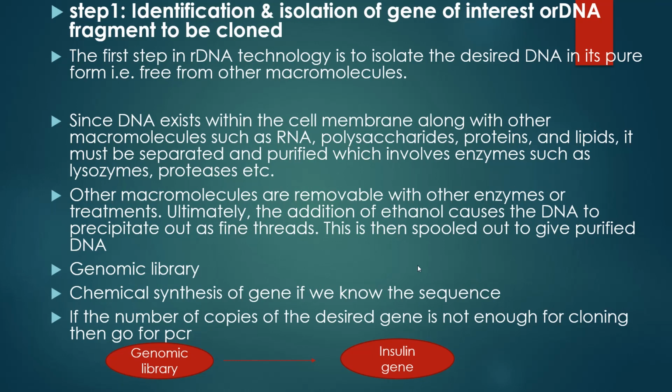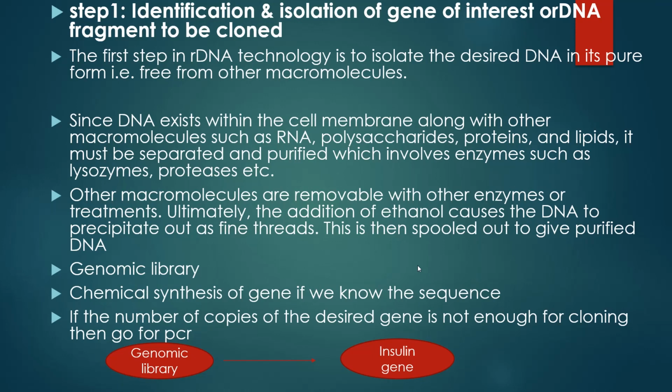If you want to isolate the insulin gene containing DNA, that means the eukaryotic cell DNA is first of all extracted in pure form.